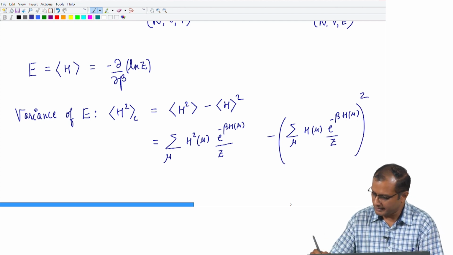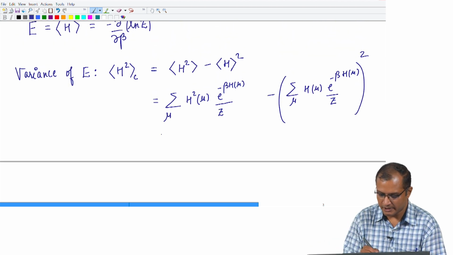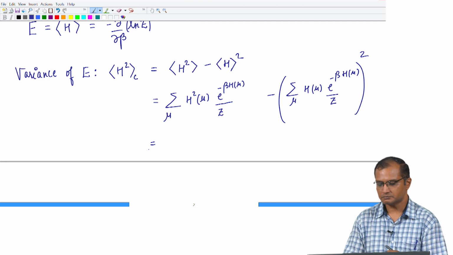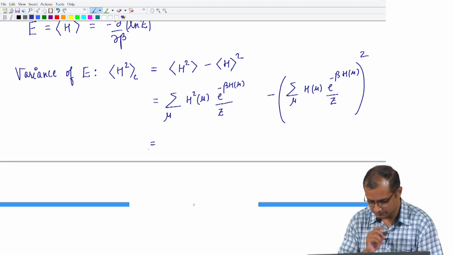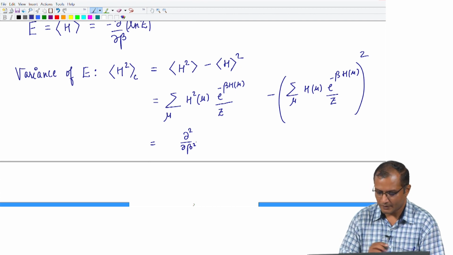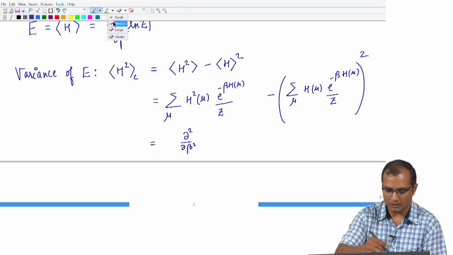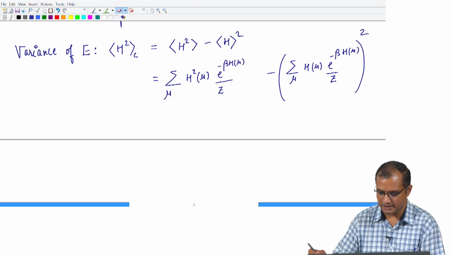And this can be very simply written as d square by d beta square. I need a new page, so I am running out of space here, so I will write this down in the new page.